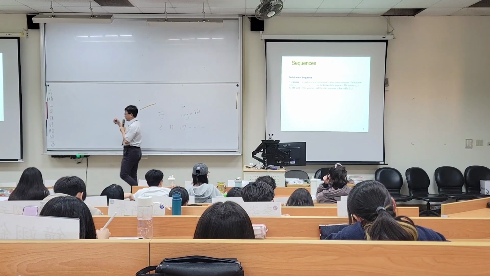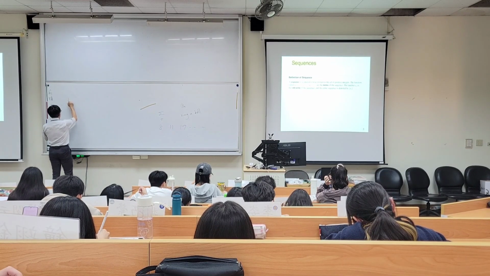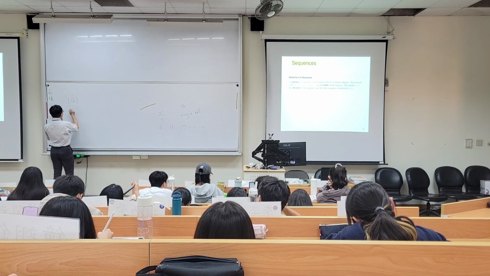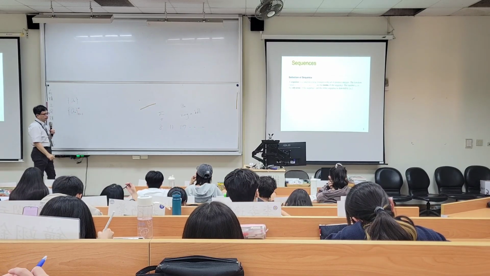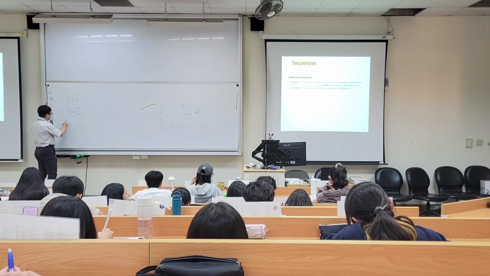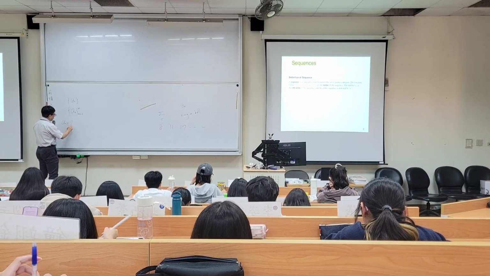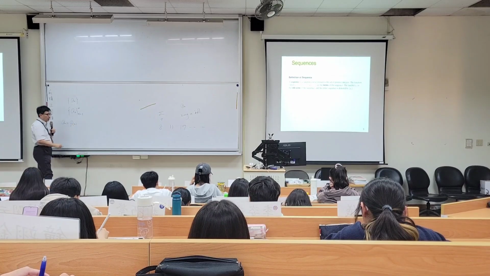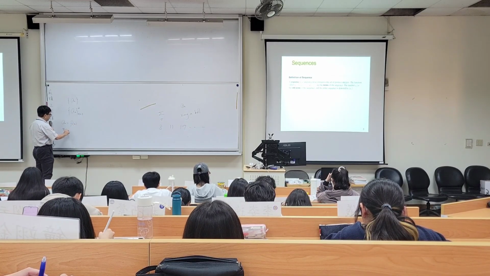Notation for a sequence, for instance, I have A sub n. You can write this as A sub n, n from 1 to infinity. And A sub n, you can think of it as a function of n, where n is a positive integer.